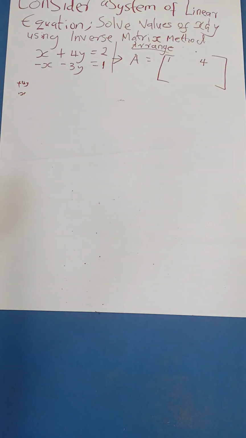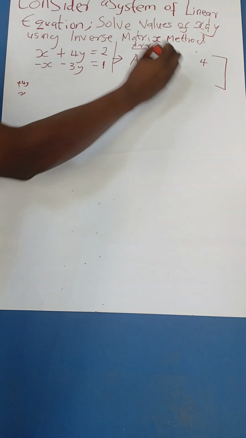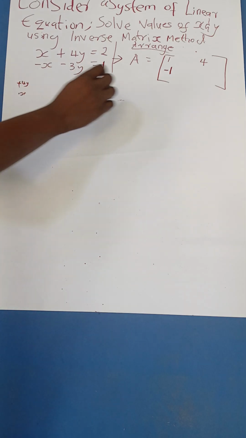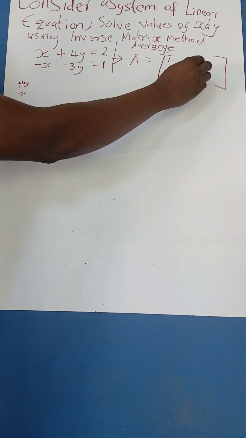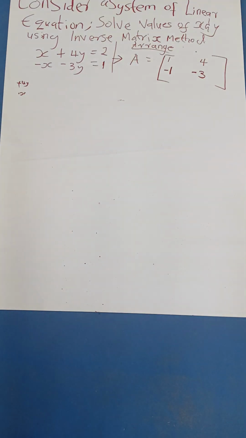The first step, we are arranging to get the coefficients so that we can proceed. Now we are done with the first equation. The second equation, we have negative x, meaning here it will be negative 1. Then here we have negative 3. That is our coefficient for the first matrix.